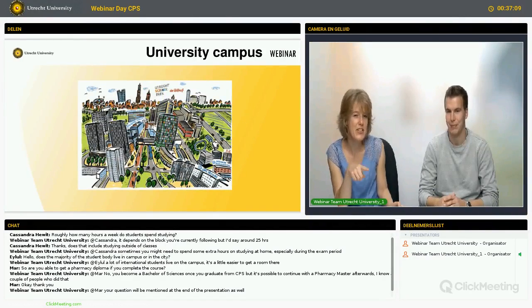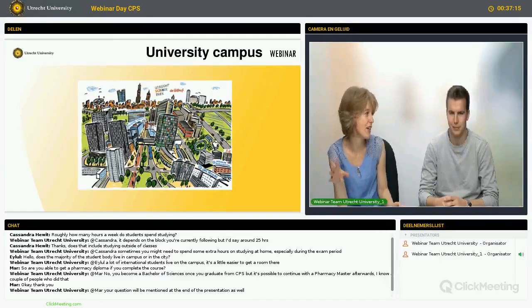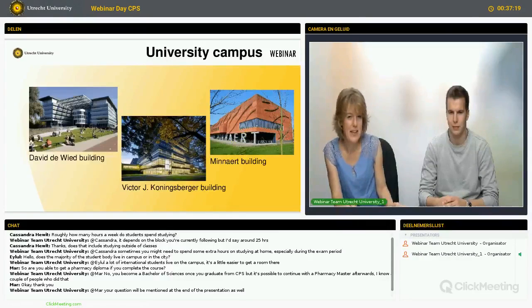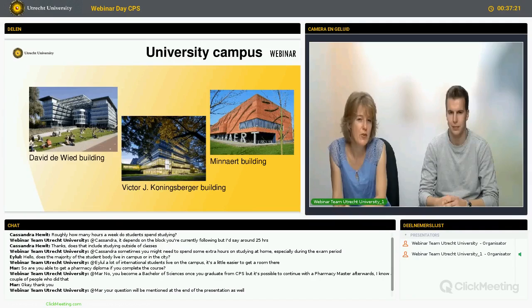For sure. This is a picture. So all the science subjects are taught on the university campus outside the beautiful downtown. And here we give you an overview of the buildings that you most likely will visit. It's the David de Wiet building. It's a very new and shiny, very light building, a lot of windows.